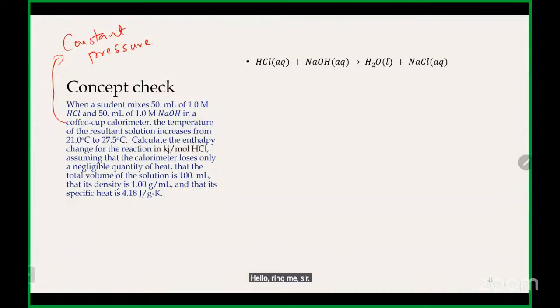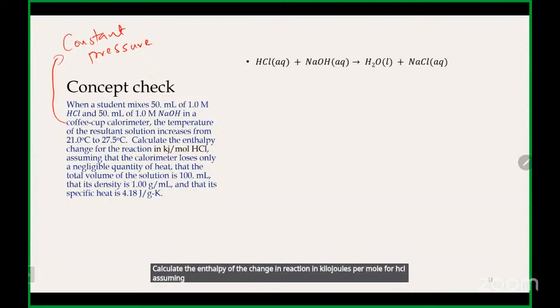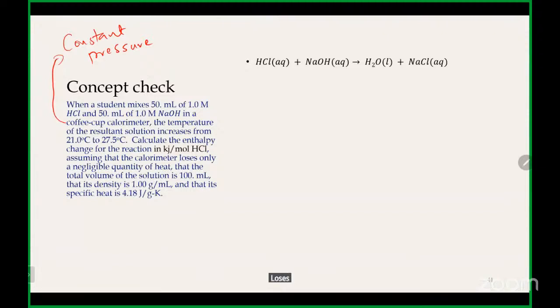The temperature of the resultant solution increases from 21 to 27.5. Calculate the enthalpy change of the reaction in kilojoules per mole for HCl, assuming the calorimeter loses only negligible heat, so it is insulated.